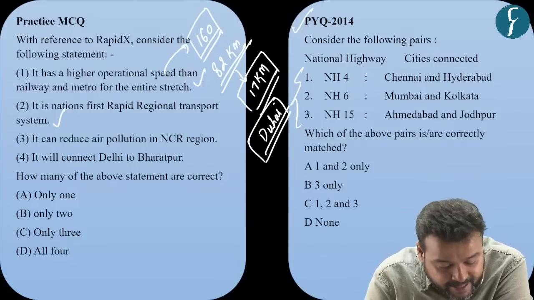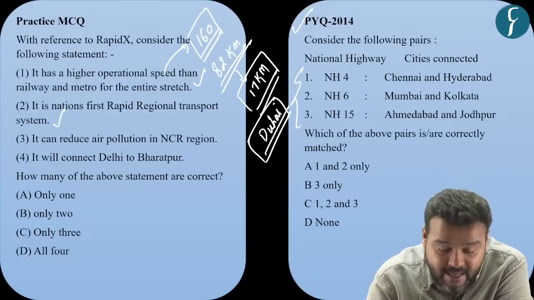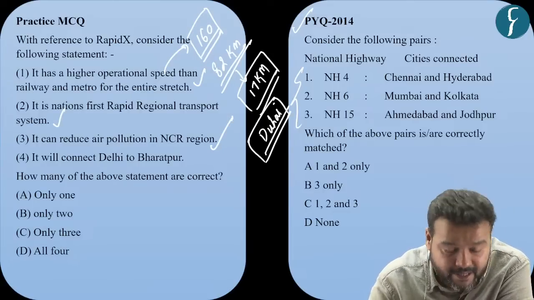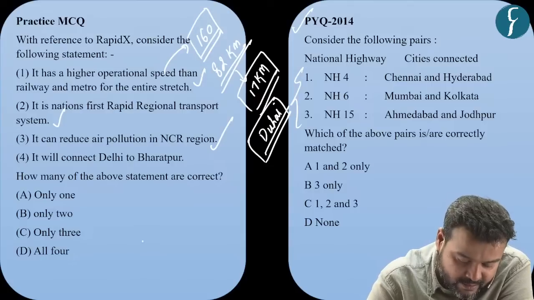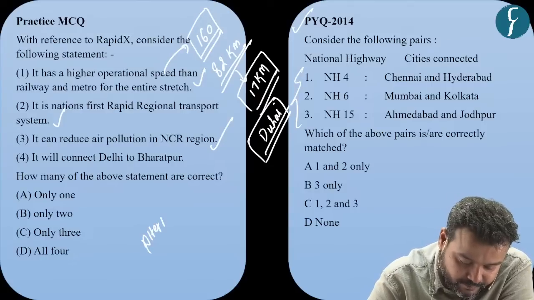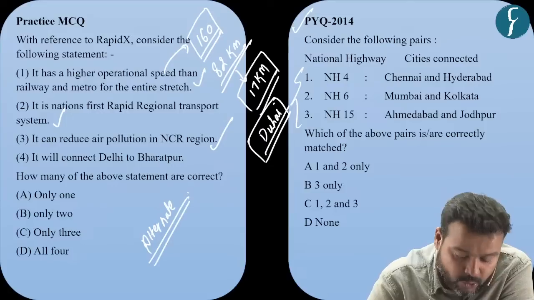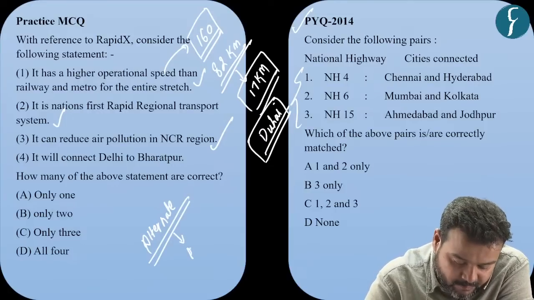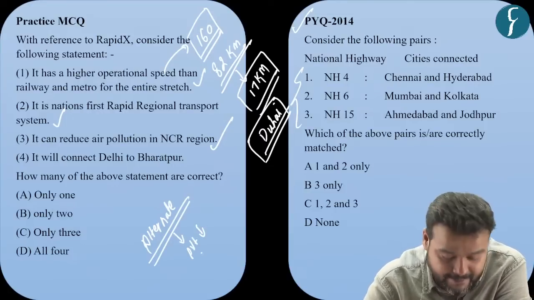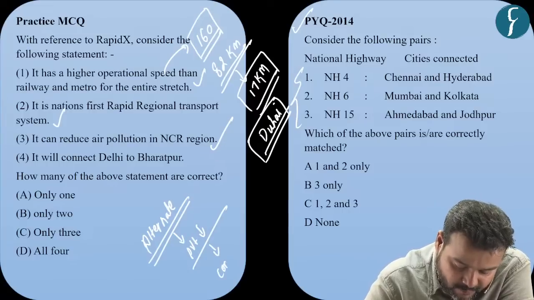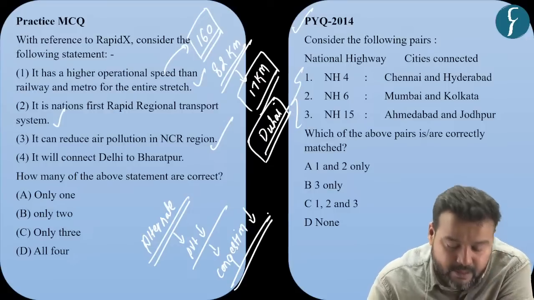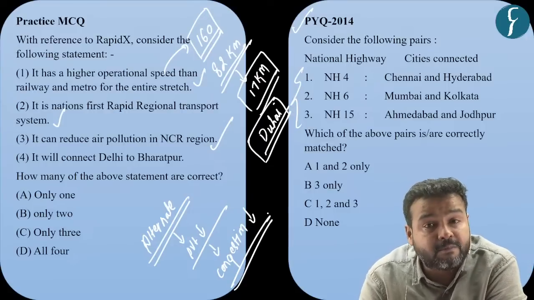Thirdly, it says it can reduce air pollution in NCR region. Now this is also correct because it will give alternate option to the commuters. So there would be less private vehicles. So the congestion would be less, which will result into lesser number of traffic jam.